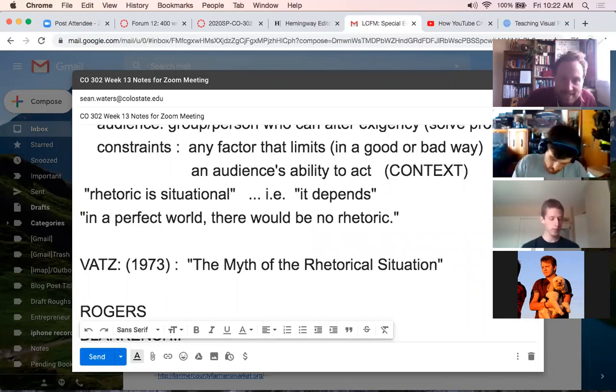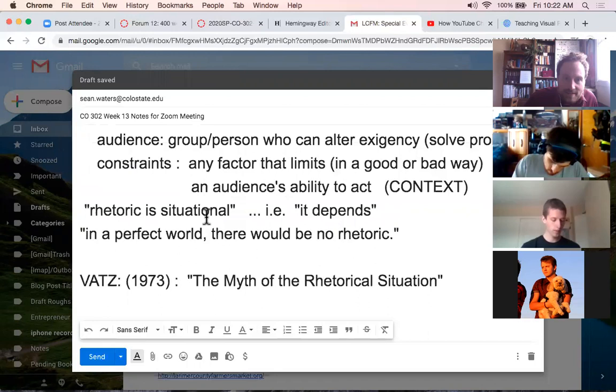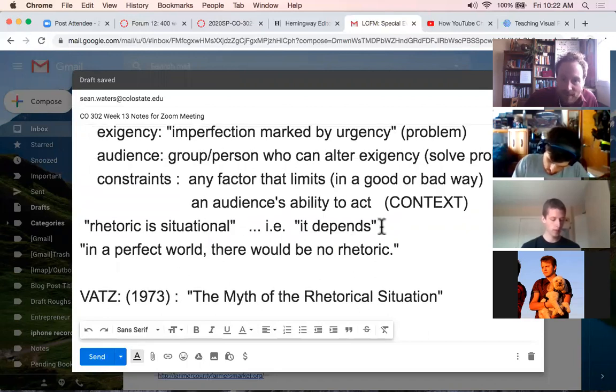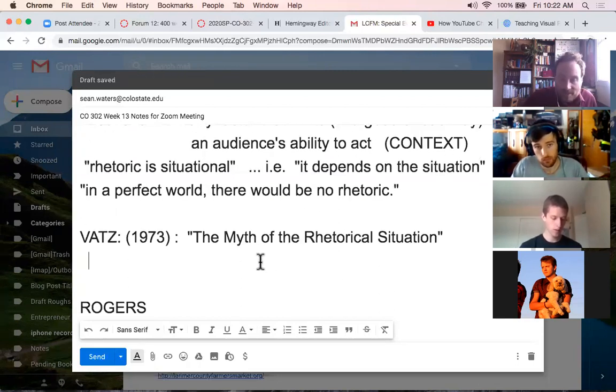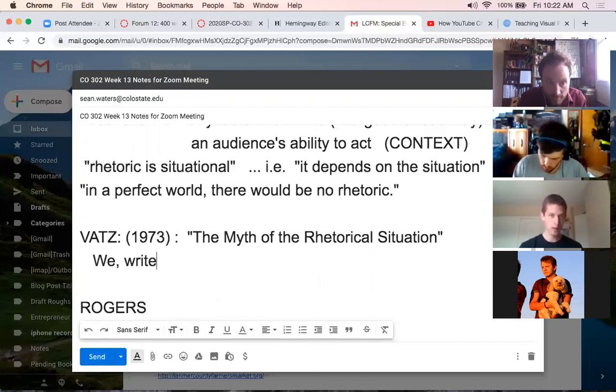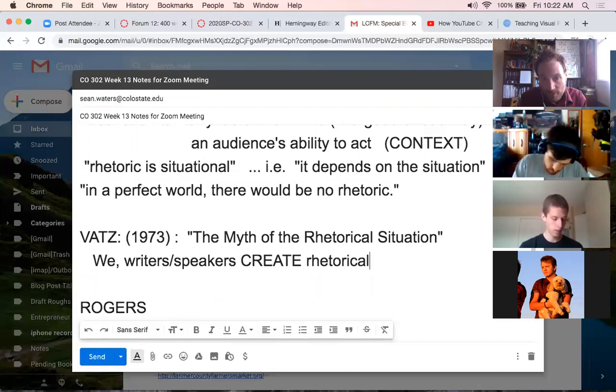So he basically says, hey, everything that Bitzer just said, that rhetoric is situational, that it depends on the situation, is backwards. He says that we, the writers or speakers, create rhetorical situations.